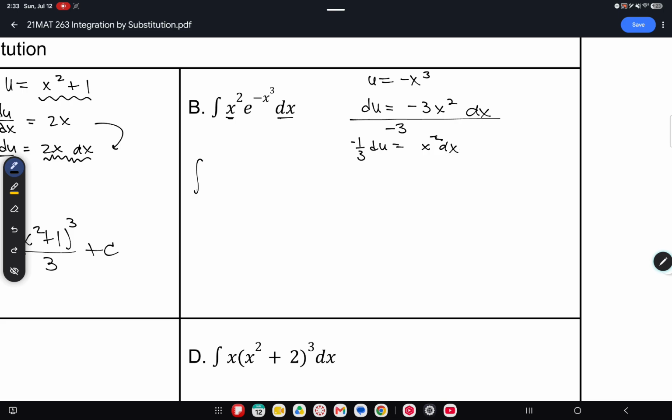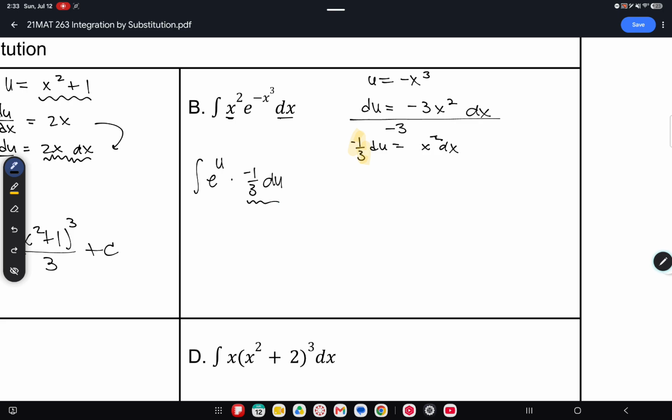So if I rewrite this in terms of u, I have e to the u, and then times negative 1/3 du. Now what I do normally is, if I'm dividing by something here, it's a constant, so I can automatically pull it outside of the integral. I don't have to keep it in like this.